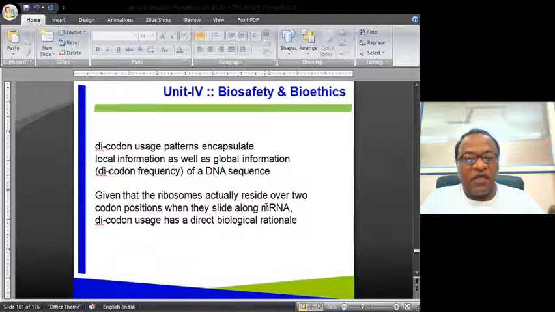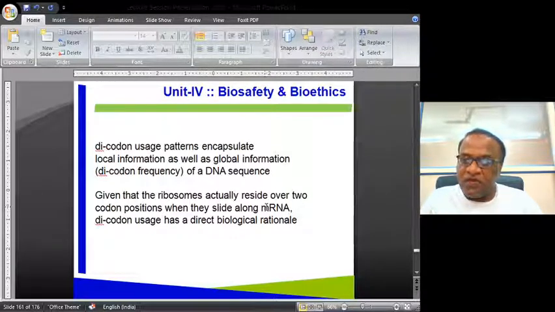It is based on the assumption that the ribosomes actually reside over two codon positions when they slide along the mRNA. So the ribosomes are actually residing on two adjoining codons, we call them dicodons.